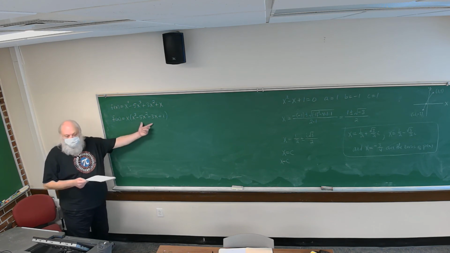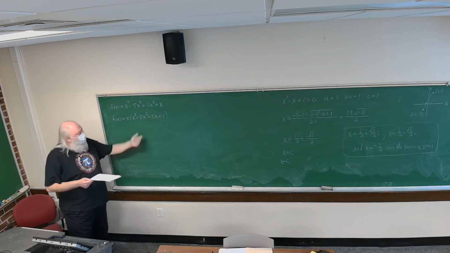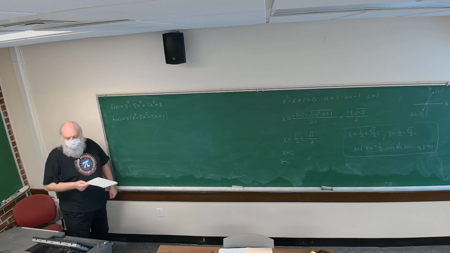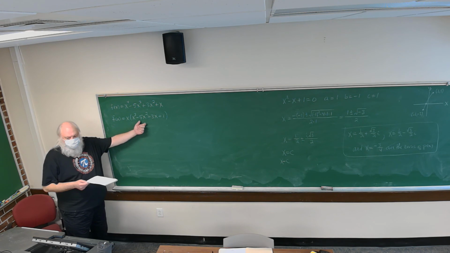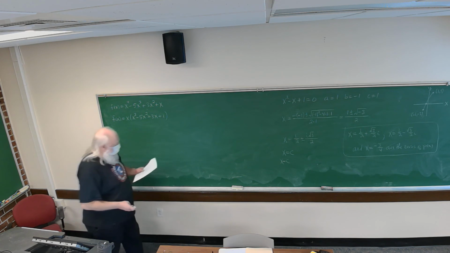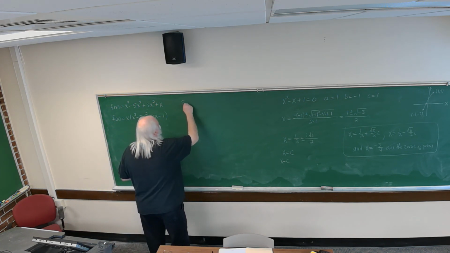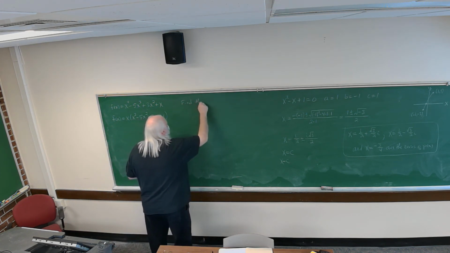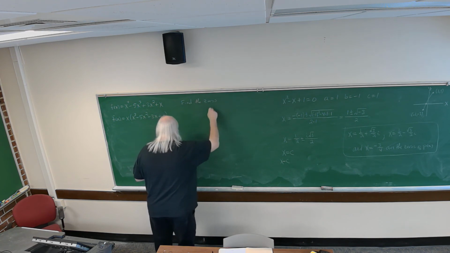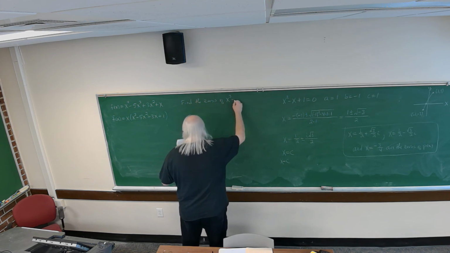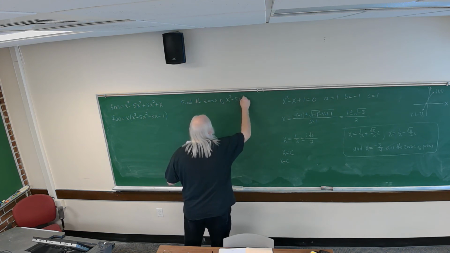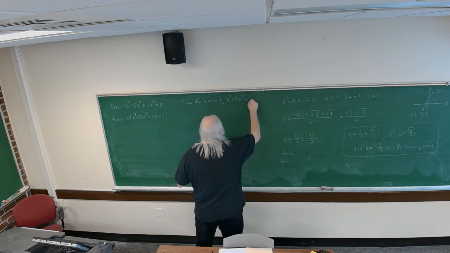So now we have a 3rd degree polynomial inside parentheses. We want to find all the values of x that make this 3rd degree polynomial equal to 0, right? So we're going to apply the possible rational zeros test to this third degree polynomial. We're going to find the zeros of x cubed minus 5x squared plus 3x plus 1.